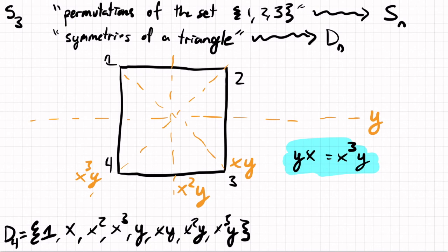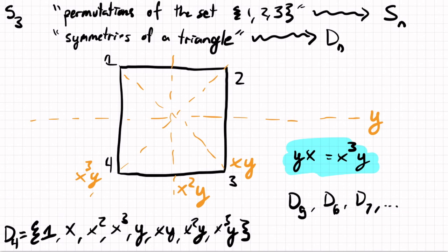And likewise, you can write down groups D5, D6, D7, etc. This will be the symmetries of a regular pentagon, a regular six-sided polygon, seven-sided heptagon, and so on and so forth for as many as you want.